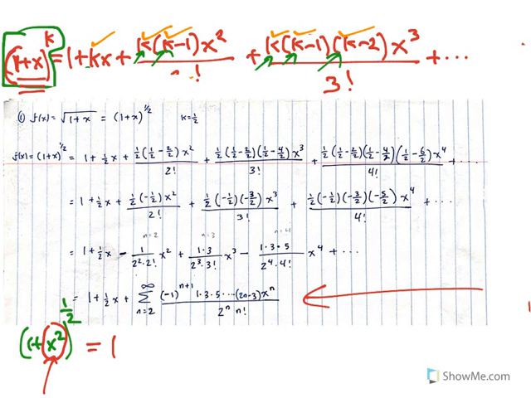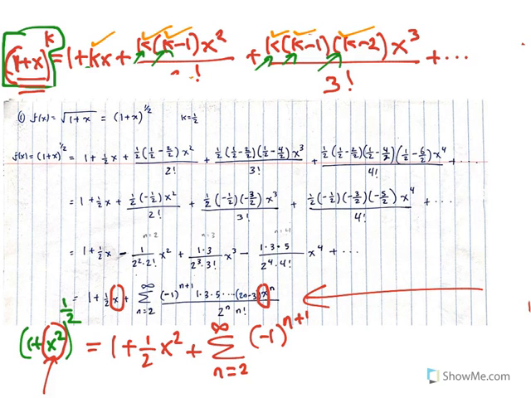So we will have 1 plus 1/2 x squared, and then I can just take the sigma notation from yesterday. Everything is the same. The only thing that's different is, instead of having x to the n, I'll have x squared to the n.